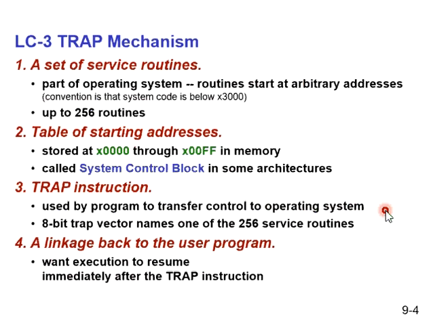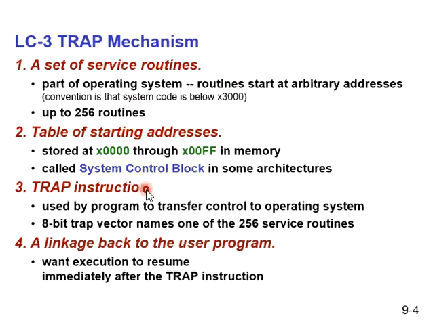In fact, you have 256 routines we can use in our program. We have a table of static addresses. This table is stored in memory from address 0000 to 00FF. This table is called the system control block.